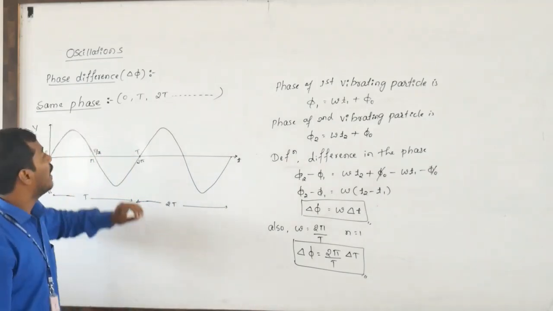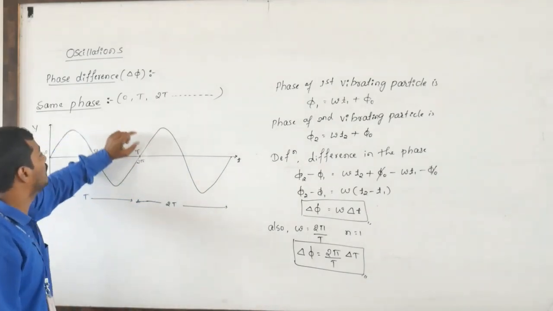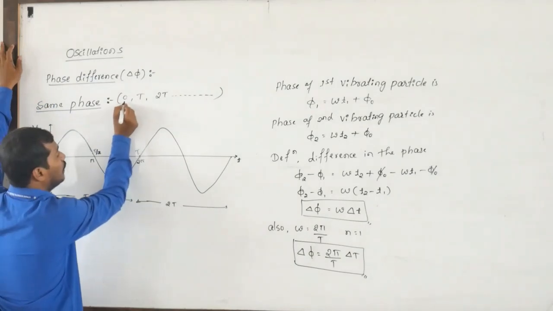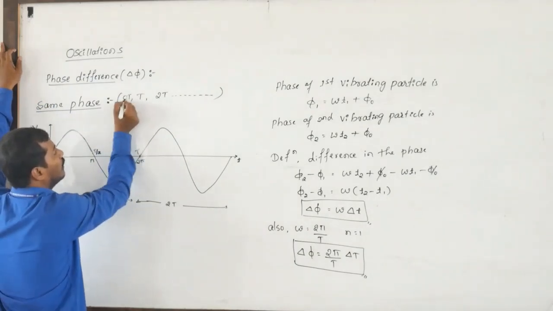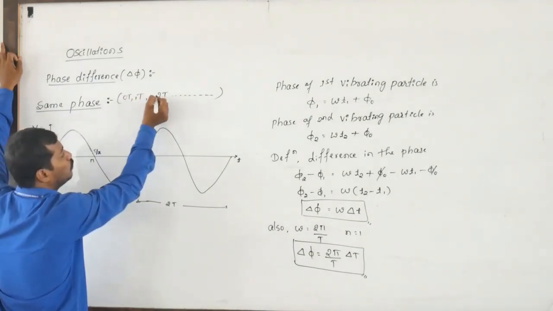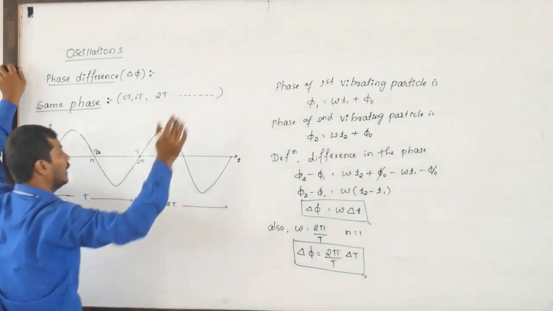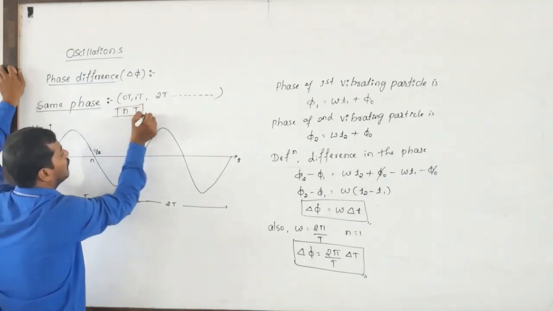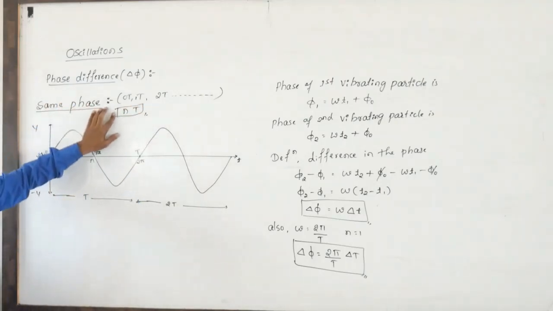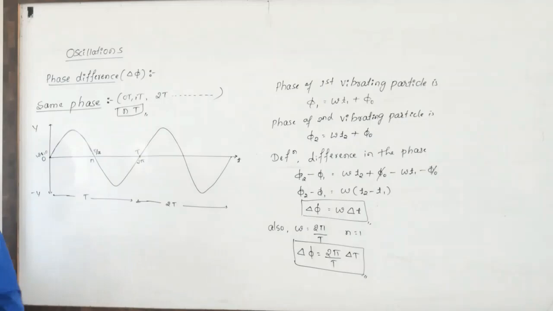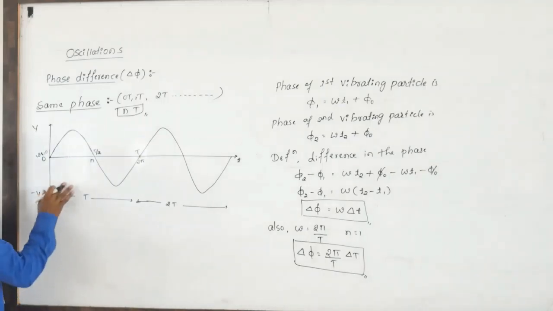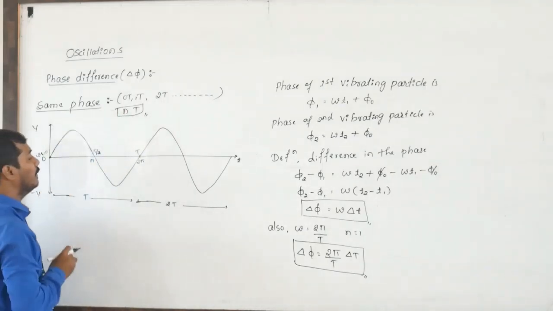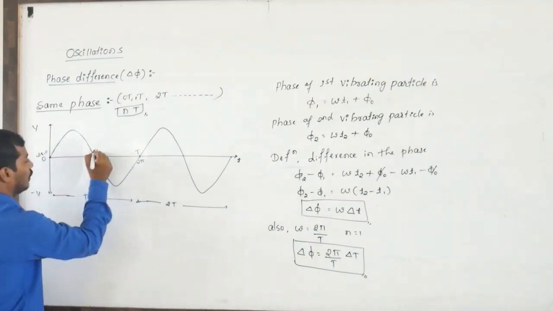Now tell me the time difference of this wave: 0, T, 2T, 3T, 4T, 5T, 6T, up to nT. It is n times the time difference, an integral multiple of the time period of one revolution.